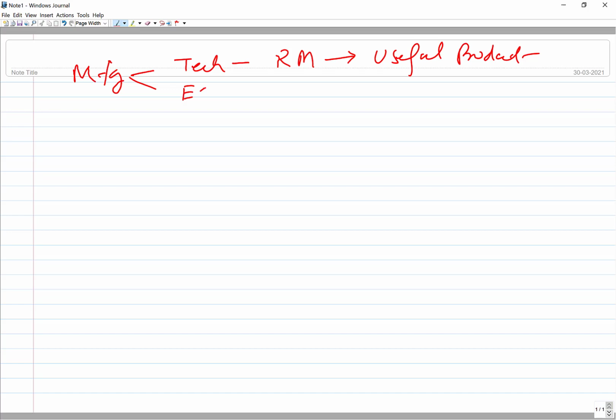Manufacturing is also an economic activity wherein the raw material, which is of simple shape like a rod or plate, is given the desired shape so that it can be used. So basically it involves value addition.